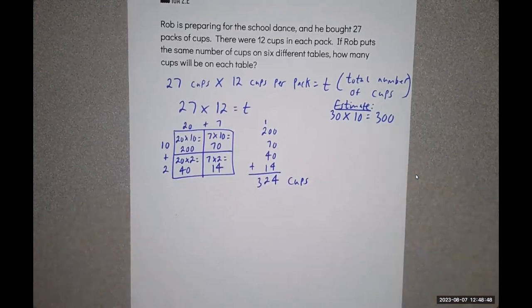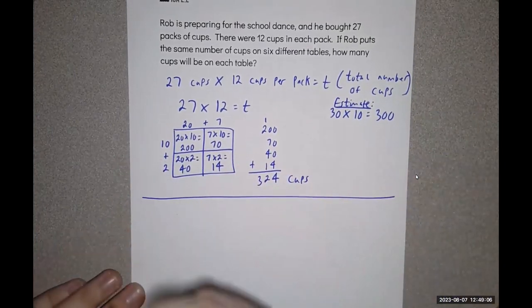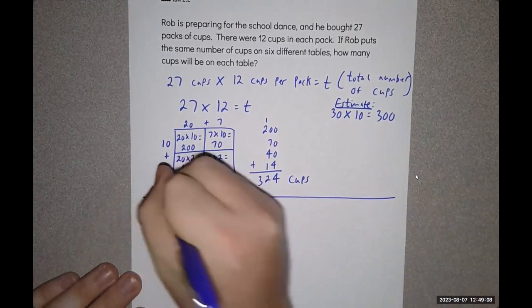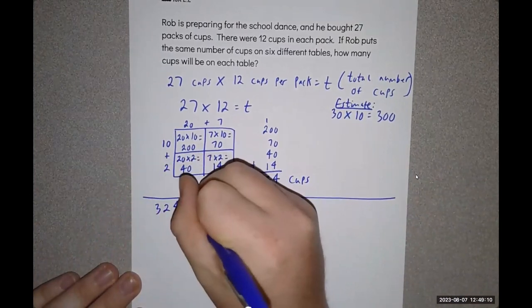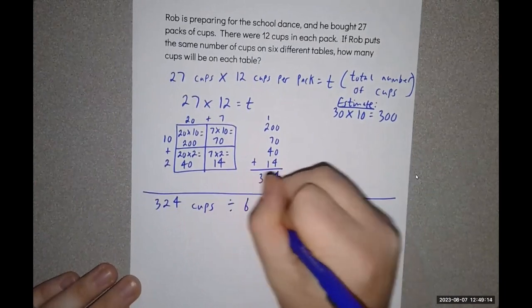So now I've done my first step. Now it's time for my second step. So my next step to solve this problem is to determine how many cups will be on each of the 6 remaining tables if Rob puts the same number of cups on each table. So to do this, I'm going to be solving 324 cups that we found in step 1 divided by the 6 tables.